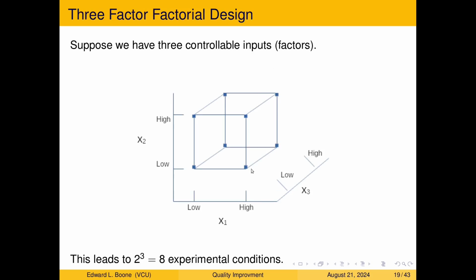Well, now we add in another dimension, and you can see it's a cube, and there are 8 experimental conditions. So if you're going to do replication, if you want a balanced design, you're going to be looking at at least 16 experimental units that you're going to need to do this experiment. And if you do 3 replications, that would be 24.